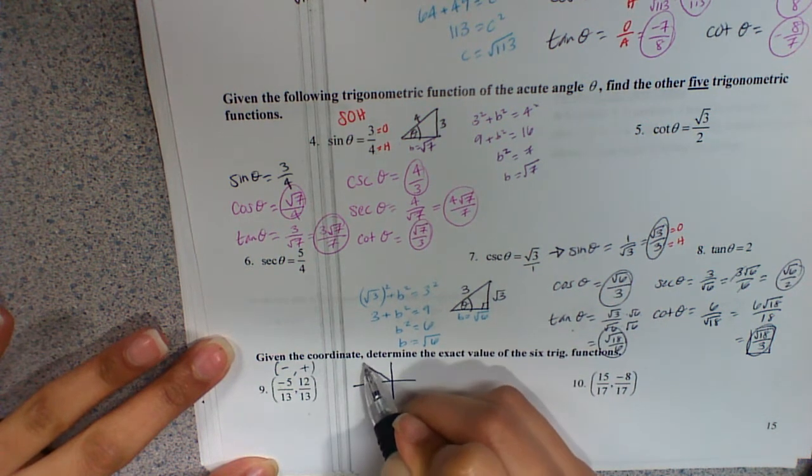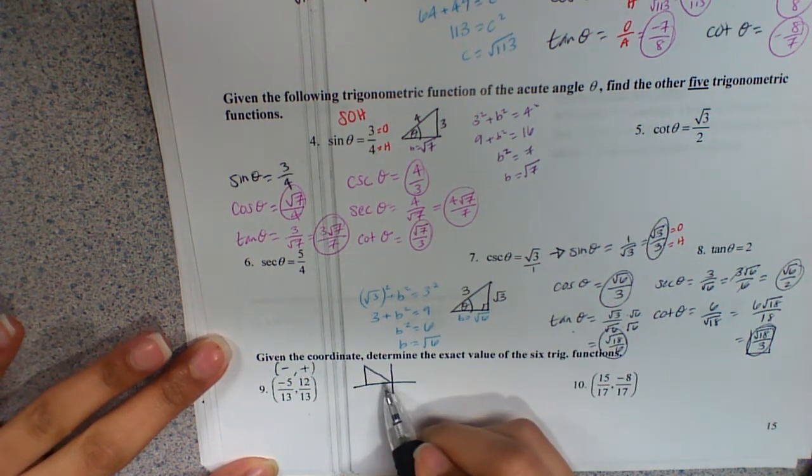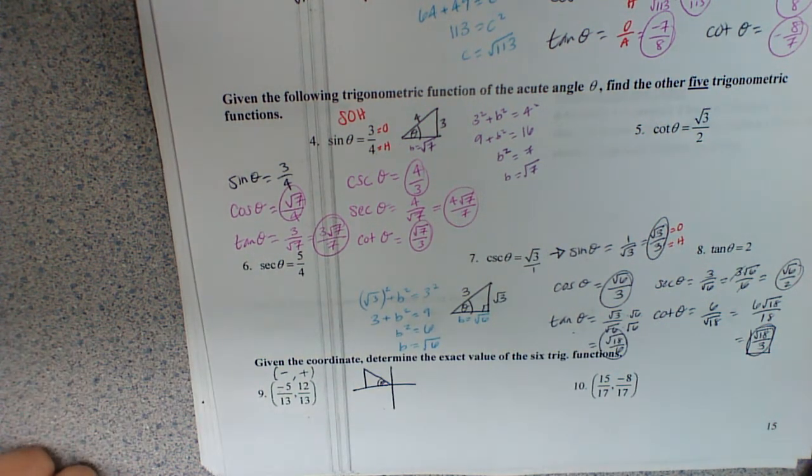Yeah, so it should be in the second quadrant where this is theta, and because we're given these numbers, what I can actually use to my benefit is this.